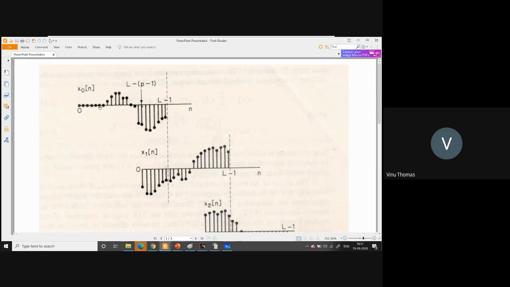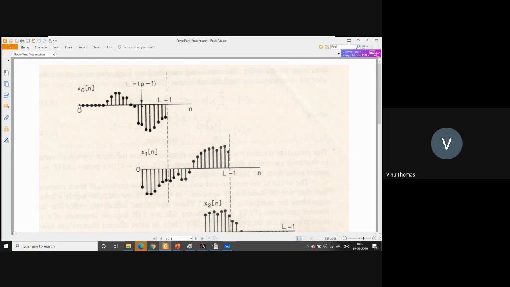Why you pre-pad the first P minus 1 zeros is obvious, because in the result you have to discard the first P minus 1 samples. In circular convolution, the first P minus 1 samples are incorrect because you have this wraparound overlap.